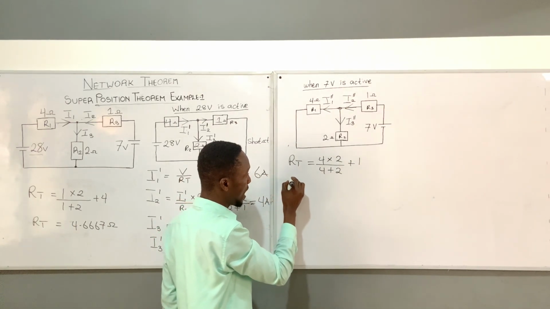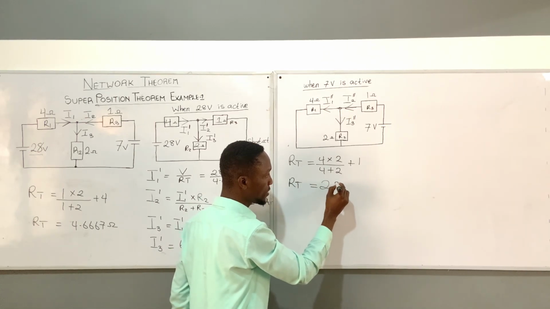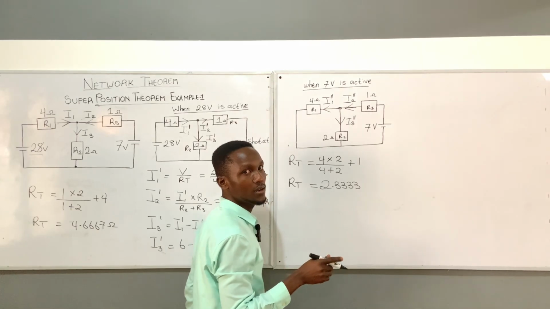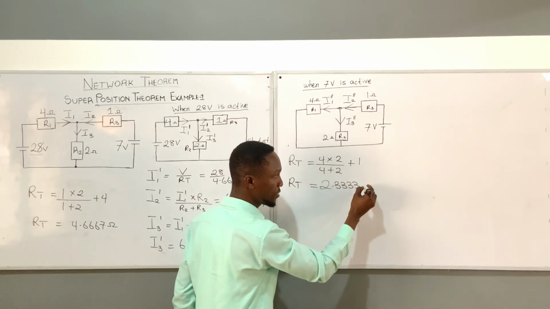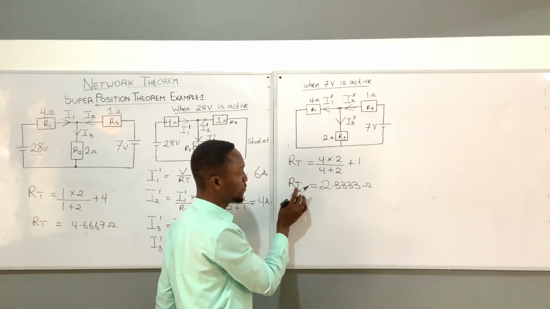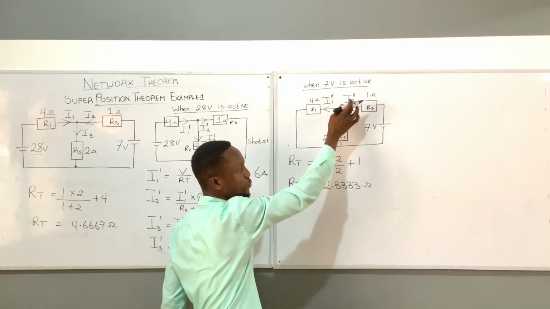So therefore, our RT is giving us 2.3333. Leave your answer in 4 decimal places. This is in ohms. Alright, so now that we've been able to find RT, we can find the supply current I2 prime prime.